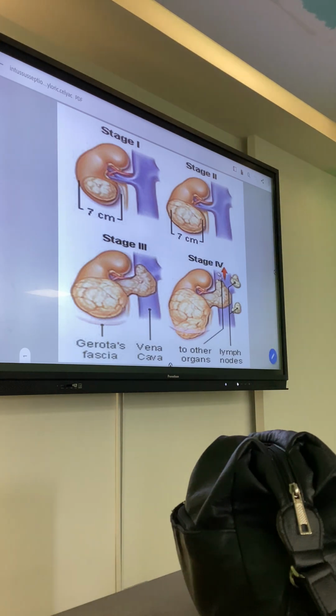For example, you have a baby who has this tumor. As a father, how do you find this tumor? By palpation. We can see the black thing.